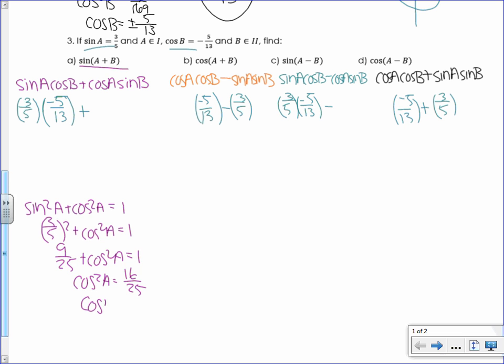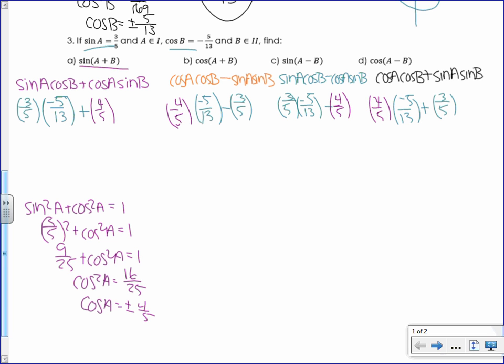Take the square root of both sides, you get that the cosine of A is equal to plus or minus 4/5. And A is in quadrant 1, and in quadrant 1, my cosines are positive. So the cosine of A is going to be positive 4/5. So I'll go ahead and plug that in everywhere. Beautiful.